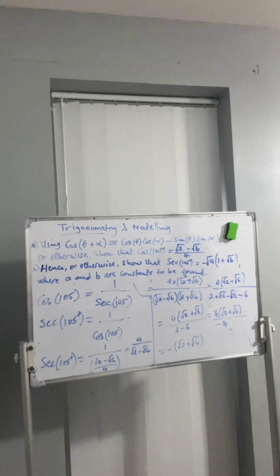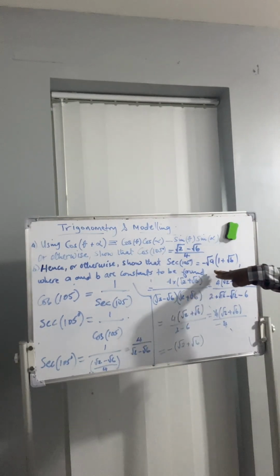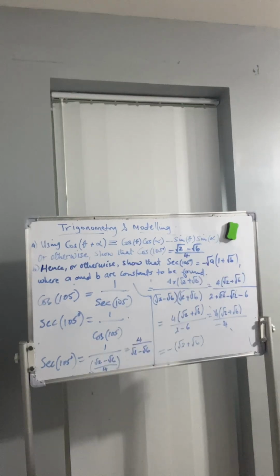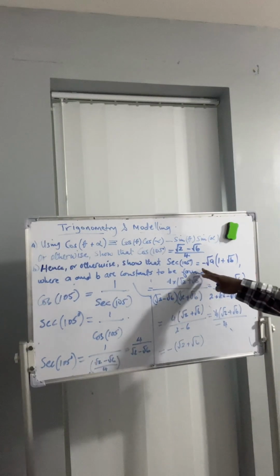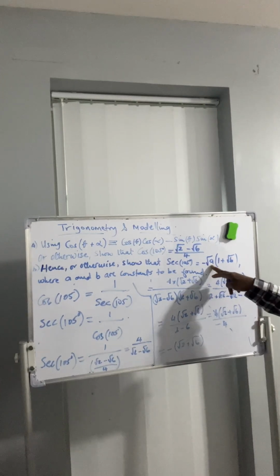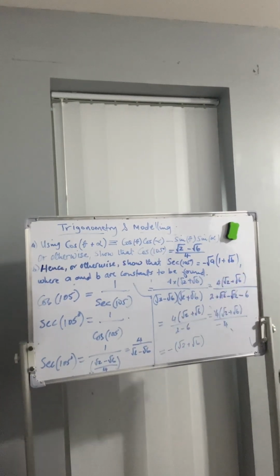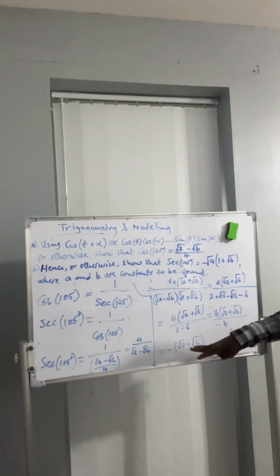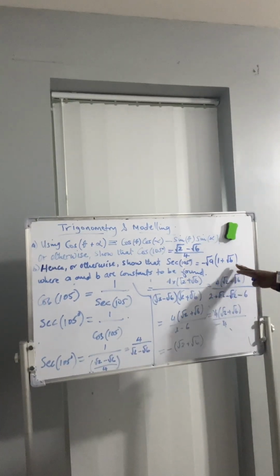Your equation becomes like this after you finish the cancel. But they want us to put it in this format. They want it to be minus, we've already got our minus, root a into 1 plus root b. So how do we transform this to this one here?